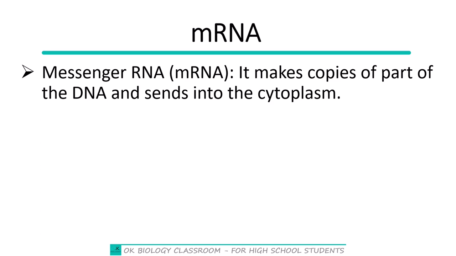The RNA, as we said, is short. It's a shorter molecule compared to the DNA. So at certain times, there is a need for the cell to make a copy of information on the DNA. So the messenger RNA would be the one to go and make that copy from the DNA and send it into the cytoplasm. So that is its function, to make copies of parts of the DNA and send them into the cytoplasm.